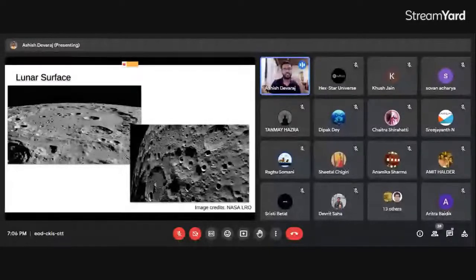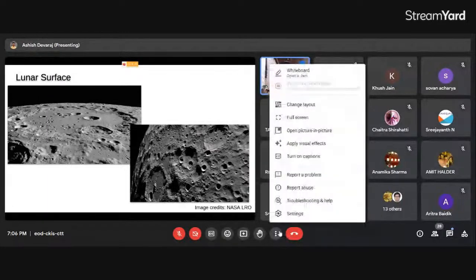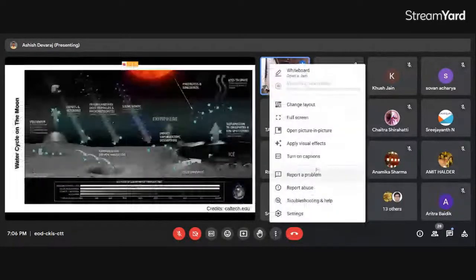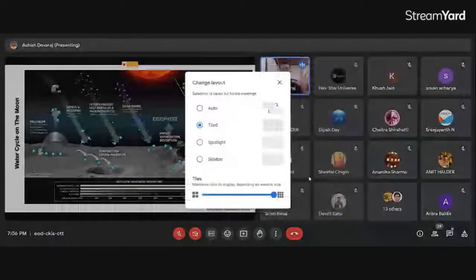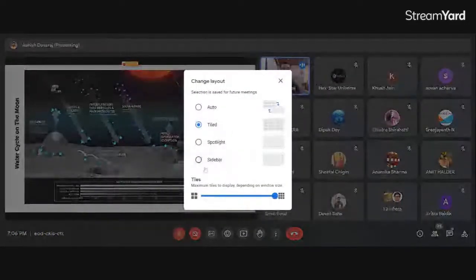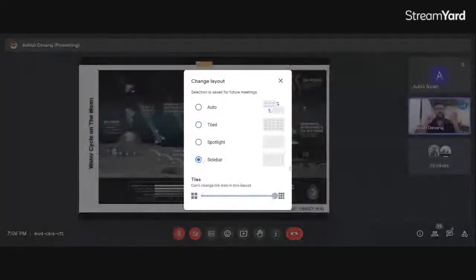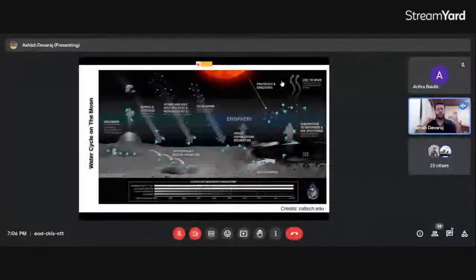So intuitively we won't expect water to exist there, right? Because of the dry weather, dry temperatures and the dry images which you see. But on the contrary, this is one of the interesting slides in my presentation, which I also like. We have a water cycle happening on the moon.